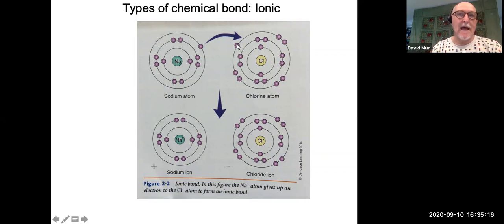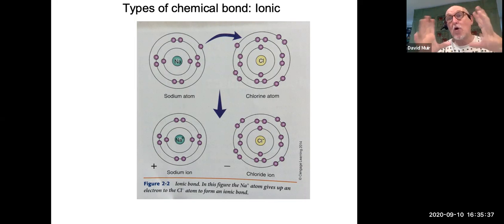Now there's something about atoms. For all the atoms that we will worry about, they really like to be able to show to the outside world a complete outer shell of 8 electrons. They strive to show that.